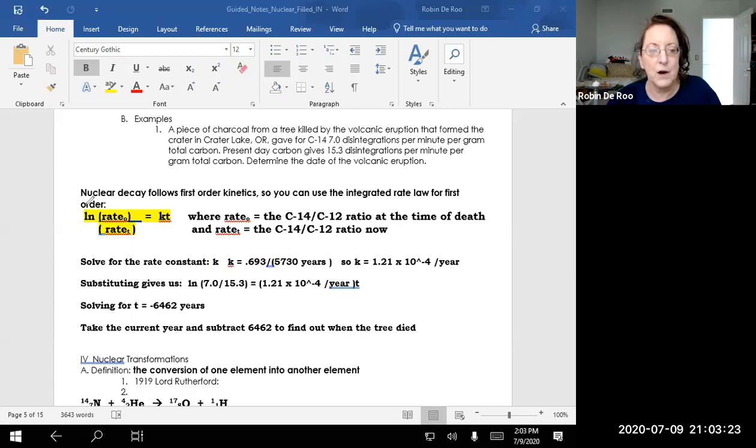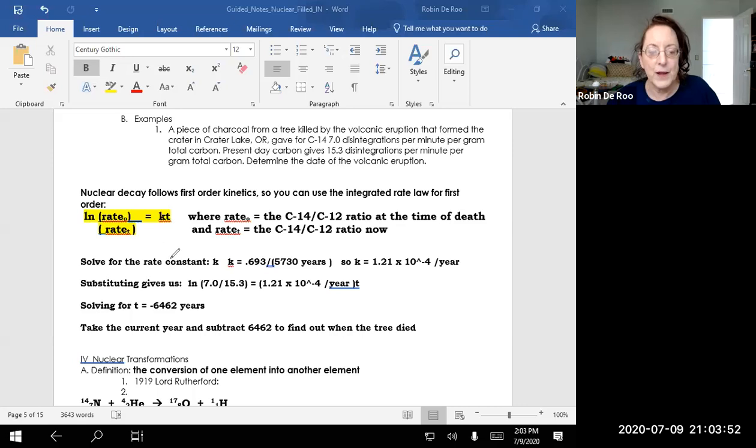So here is our rate law. We have natural log of rate sub 0 over rate sub t. So the rate sub 0 is the carbon 14, carbon 12 ratio at the time of death, and the rate sub t is the carbon 14, carbon 12 ratio now.